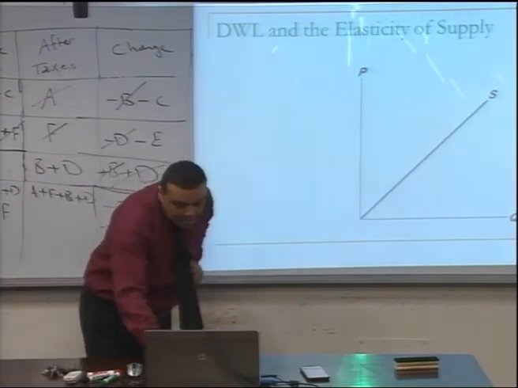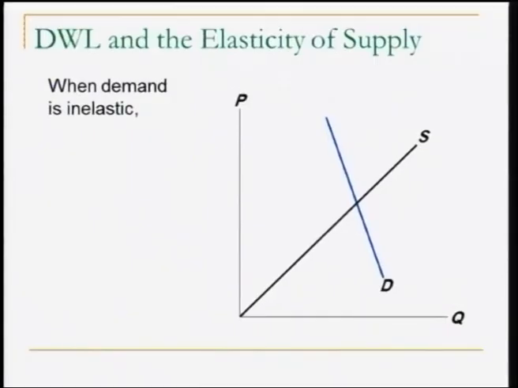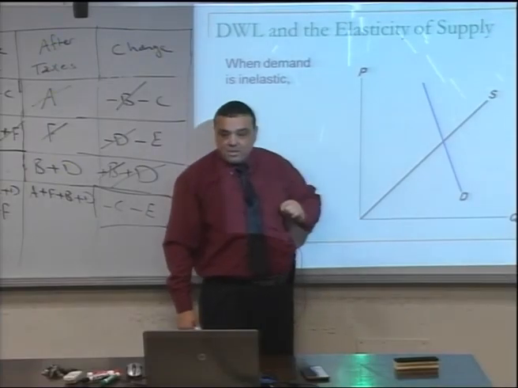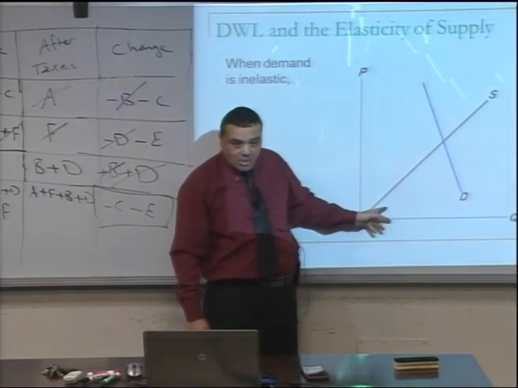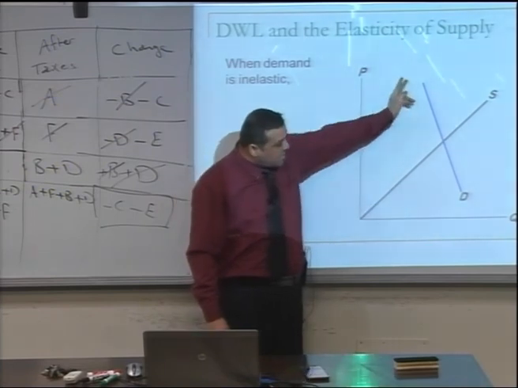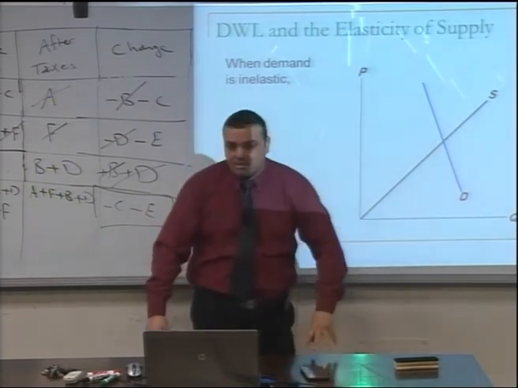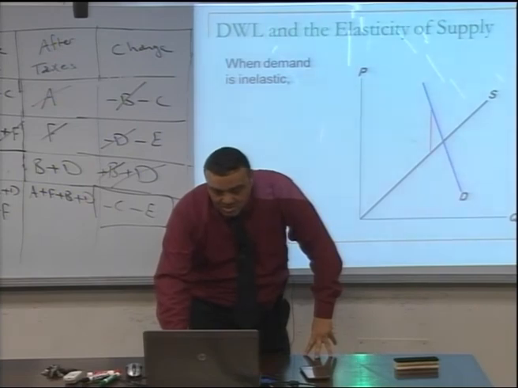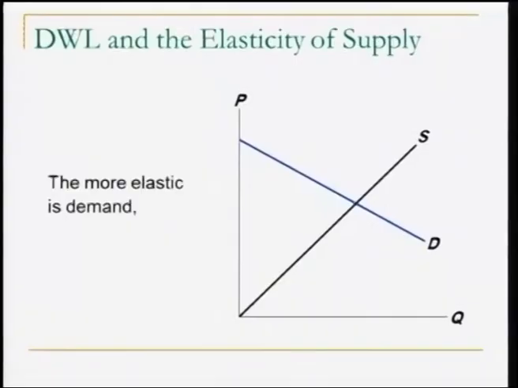Okay? What about demand? We will assume that supply is neutral, 45 degrees here, its angle is 45. Okay. And here demand is inelastic. How much is the deadweight loss? It's small here.